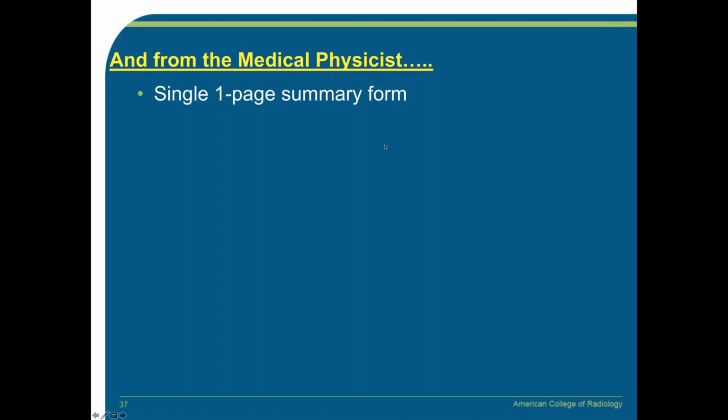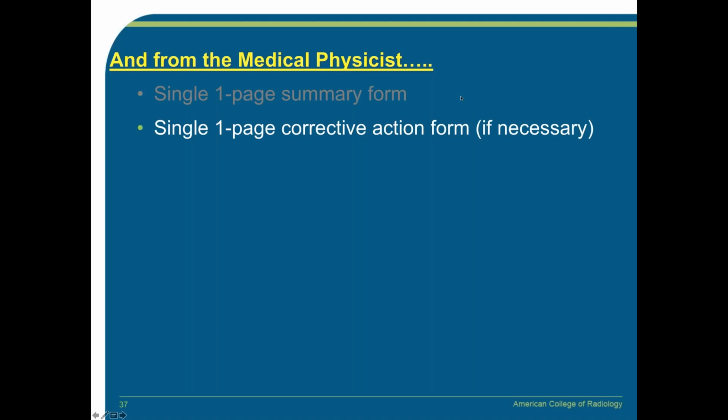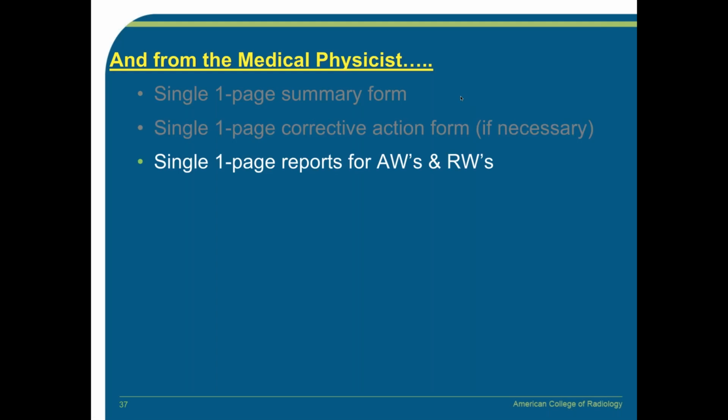So with this program, you should expect some new things from the physicist. We will generate a single one-page summary form for our annual testing or initial testing. We will provide a single one-page corrective action form if we find corrective action is necessary. We will provide a single one-page report for the workstations or monitors or acquisition monitors.